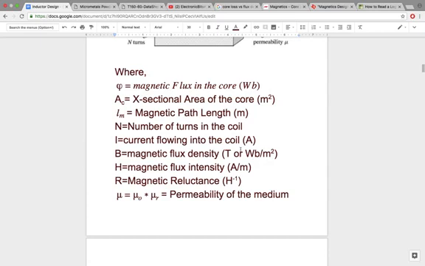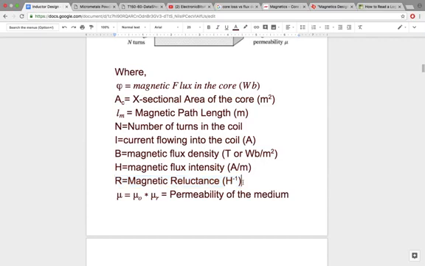So phi represents the magnetic flux in the core, AC represents the cross-sectional area of the core, Lm represents the magnetic path length, N represents the number of turns in the coil, I represents the current flowing into the coil, B represents magnetic flux density, H represents magnetic field intensity, and R represents the magnetic reluctance, which is a very important parameter while designing an inductor.